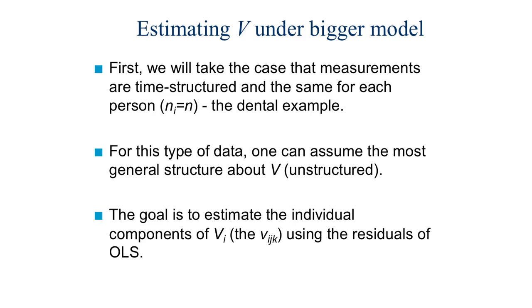So we'll take a simple case to start with. We'll assume everybody has the same number of observations, like our general example. We can still assume a model, but now it will be unstructured. Now we'll assume everyone has the same model, but it's arbitrary with respect to the variance covariances.